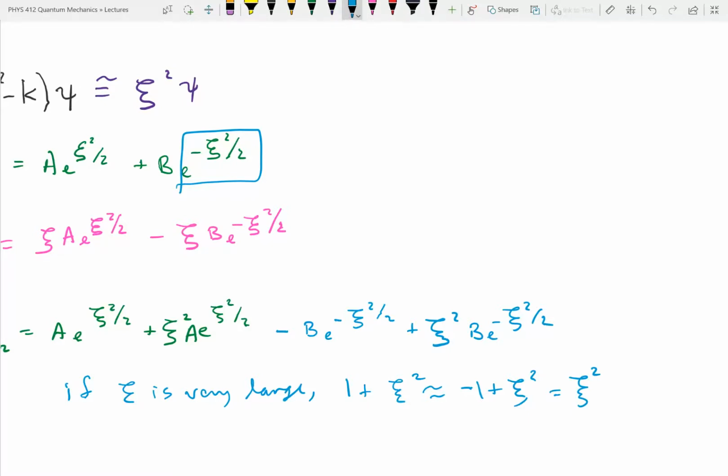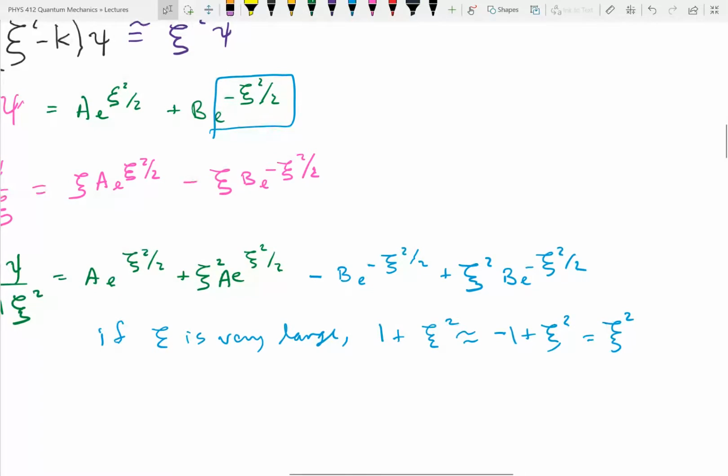Because this is, if I factor, that's factoring out what we just did.